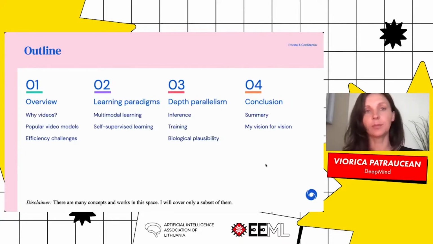So by looking at the learning paradigms, for example, using multimodal learning or self-supervised learning, and then focusing on a topic that is a bit more exotic, let's say, less explored, where we look at depth parallel models. And I will talk about how we can do depth parallelism at inference time and at training time. And I will also mention a few aspects of biological plausibility of backpropagation. And I will conclude with a short summary and, let's say, my vision for vision. How do we solve vision in the long term?